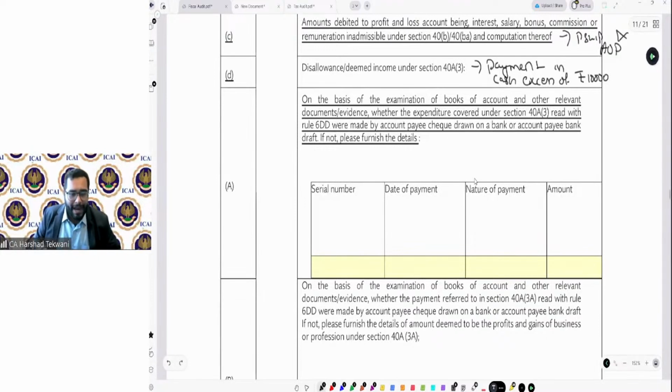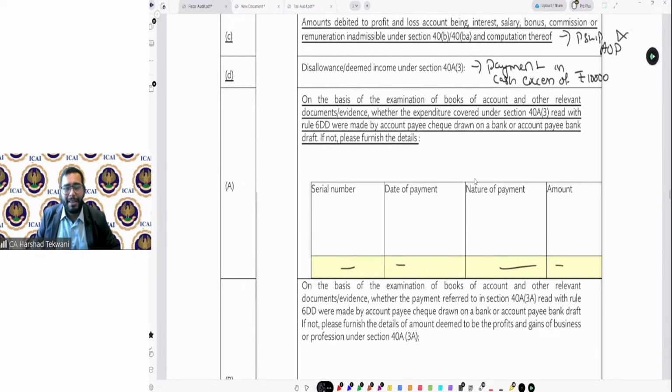Now the question comes: at times, the assessee is not in a position to provide the detail whether the checks which were issued were account payee checks or not. At times it will be the scenario that the assessee will not be in a position to provide you the details that all the payments made by check are account payee checks or not. In that case, what will you do?